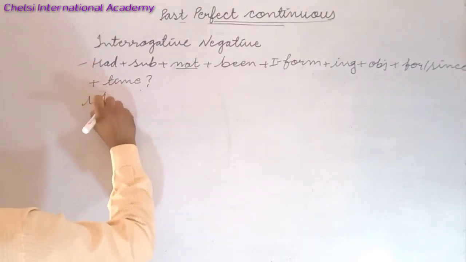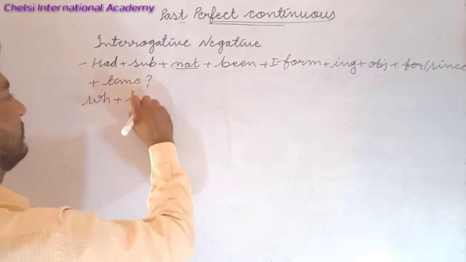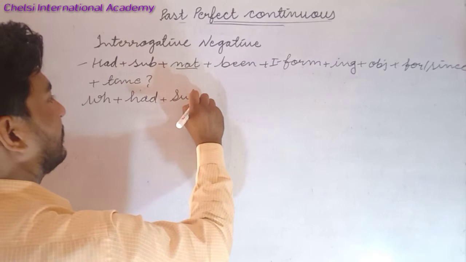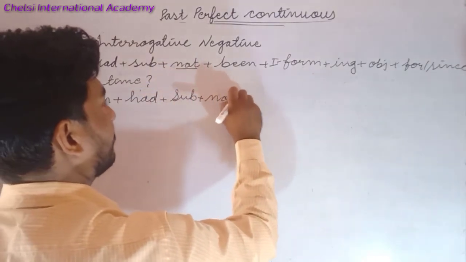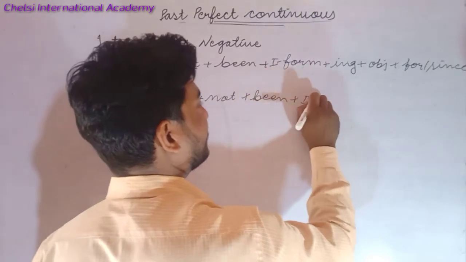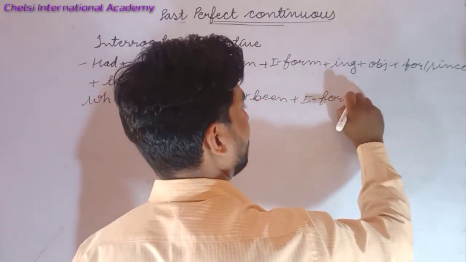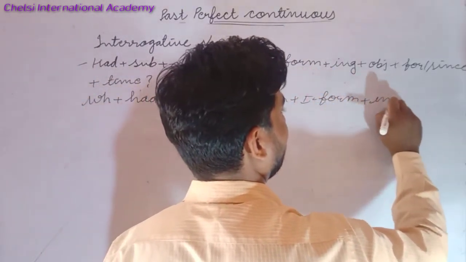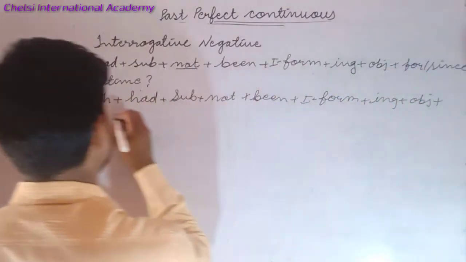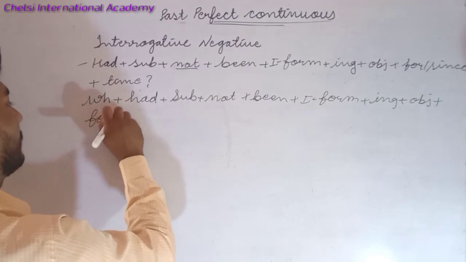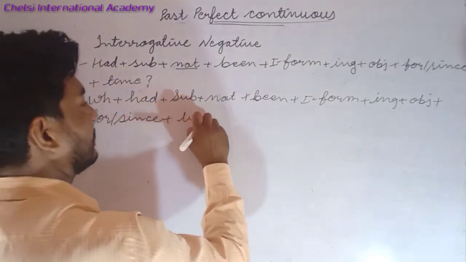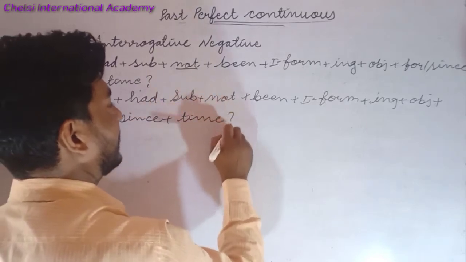WH word, had plus subject plus not plus been, first form ing, object plus for since plus time, interrogative sign.